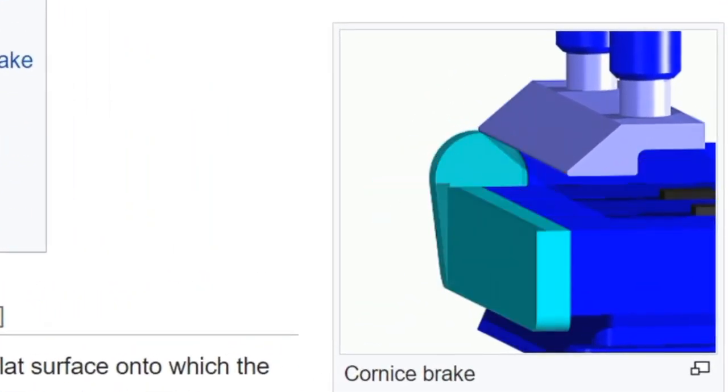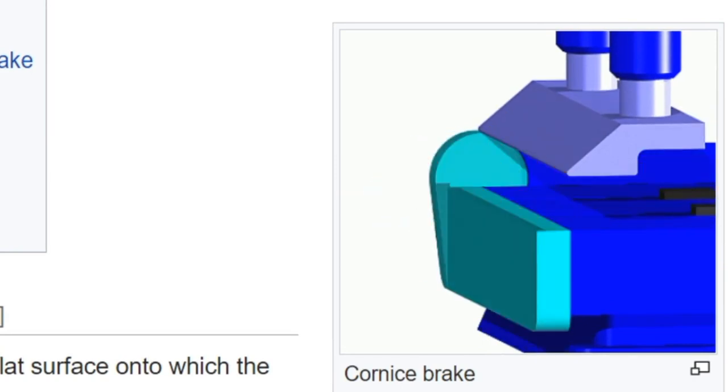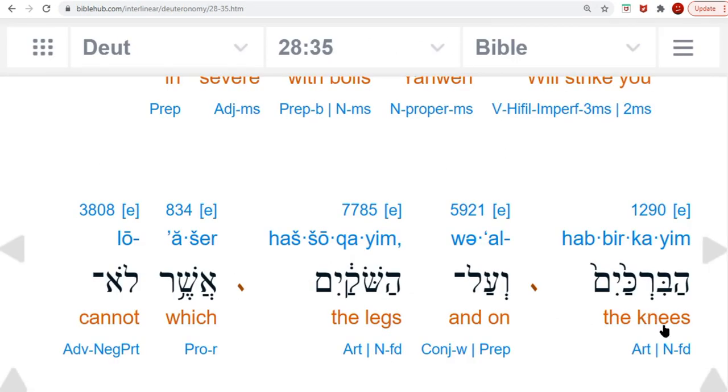We break it, we fold it and make shapes out of it to waterproof. It's called breaking. But in the Hebrew, when it says break, they say it's the knee. And so it's just like I was showing you in the Hebrew. What's in the writings isn't what it says. They're describing the pictures that they're looking at. You can see here the knees is the break.